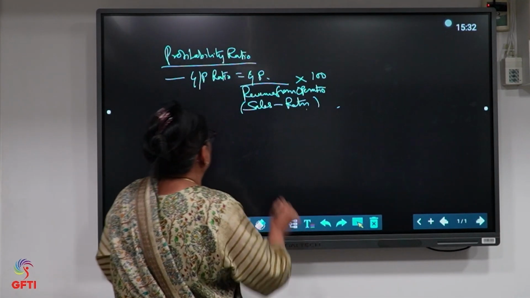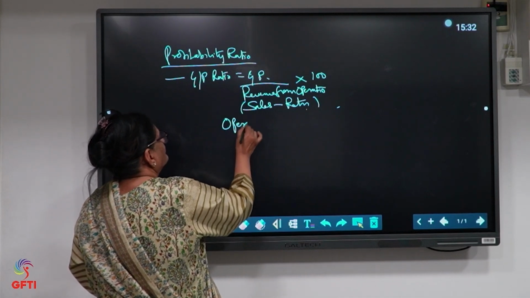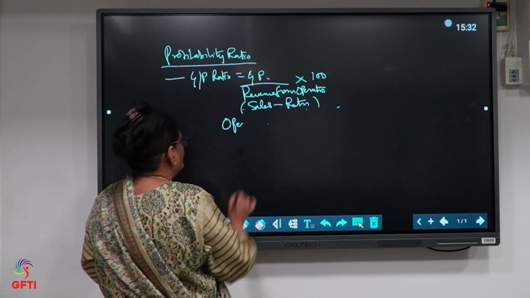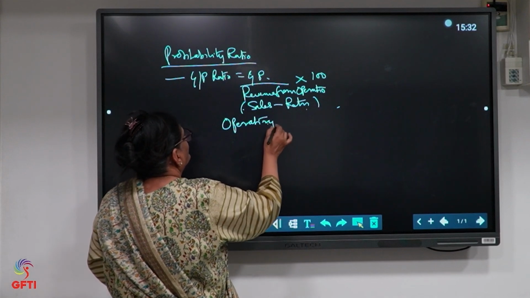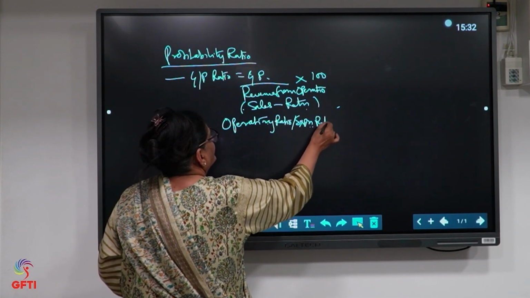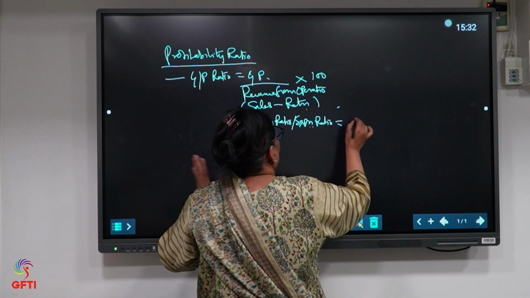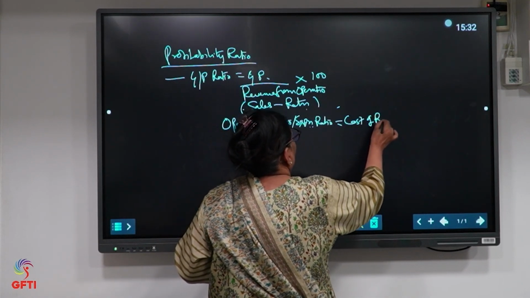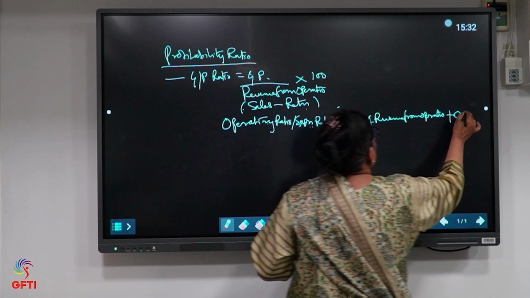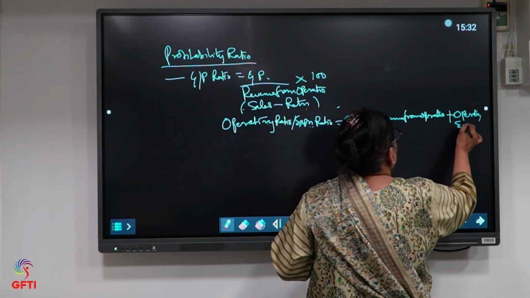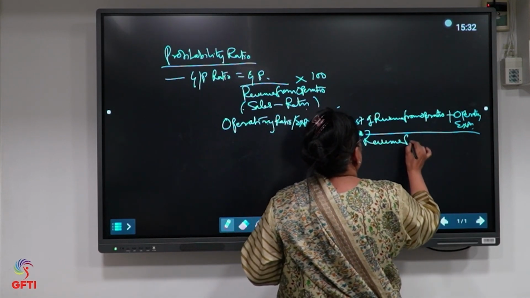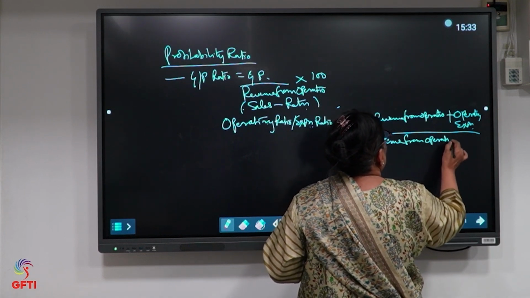Now let us go to the other ratio, the operating ratio, or expenses ratio. The formula is cost of goods sold, that is cost of revenue from operation, plus operating expenses, the whole divided by net revenue from operation, into 100.